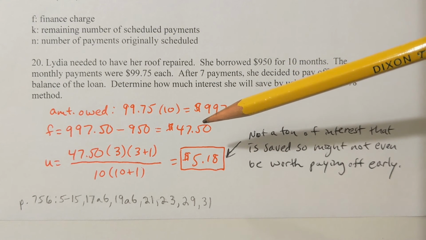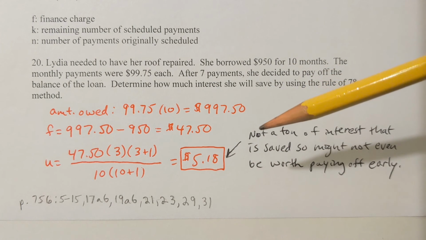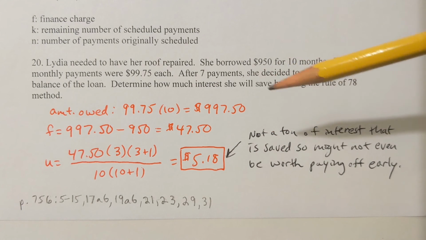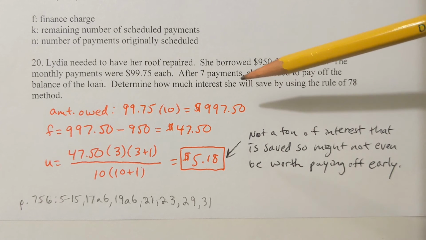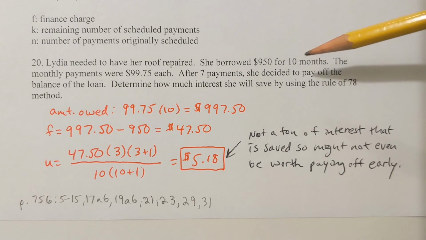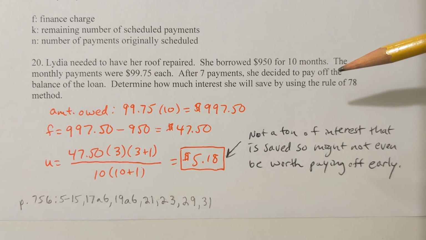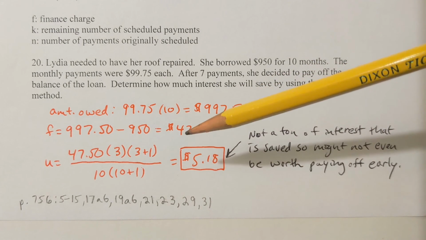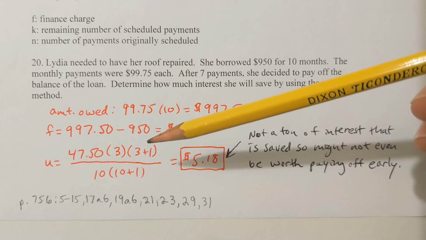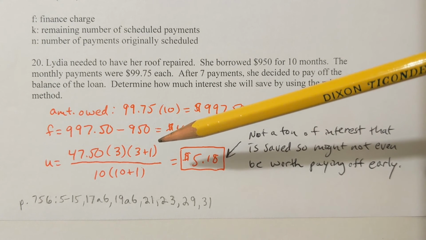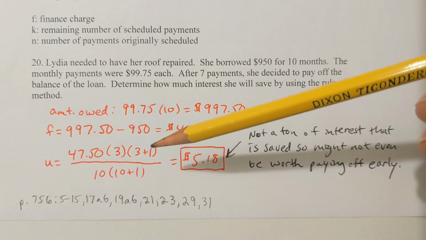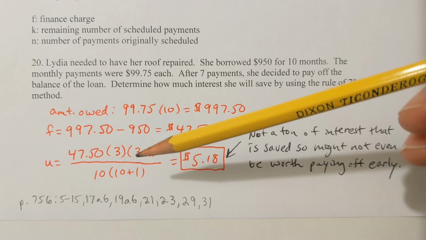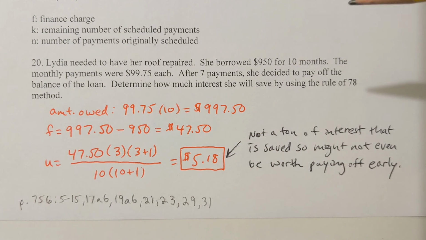So to find U, I need to take F, which is the finance charge, this $47.50, times K, the remaining number of scheduled payments. It only took 7 payments. The original plan was for it to take 10 payments or 10 months. So she was 3 months early, times K plus 1, which is 3 plus 1 is 4, divided by N, the number of payments that were originally scheduled.